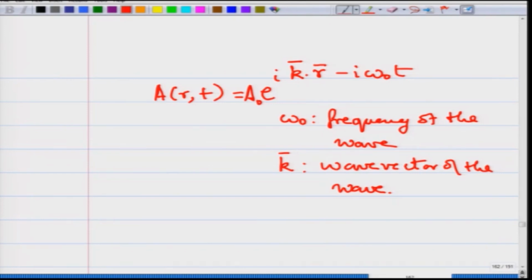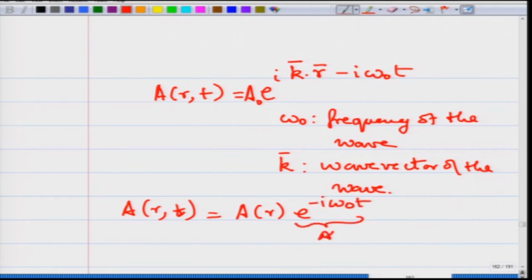So, I will use this notation to denote the electric field vector, which I will also be calling amplitude. It has a spatial part and a time dependent part, and during the derivation I will assume that this is always present, namely A of r, t will be written as A of r, the spatial part, e raised to minus i omega naught t. This is always present, so I will not be writing it often.